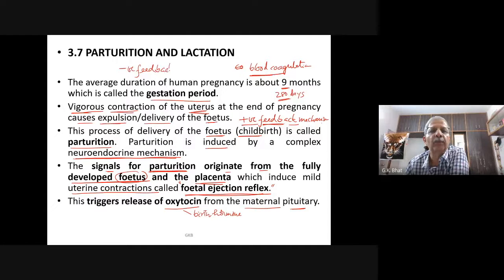One is a positive feedback mechanism and the other is a negative feedback mechanism. Negative feedback mechanism, best example is the secretion of insulin when there is a raise in the blood sugar level, and the moment the insulin is secreted, the blood sugar level comes down. That is what is known as a negative feedback mechanism. Right? So you have two types of feedback mechanism. Just remember this.